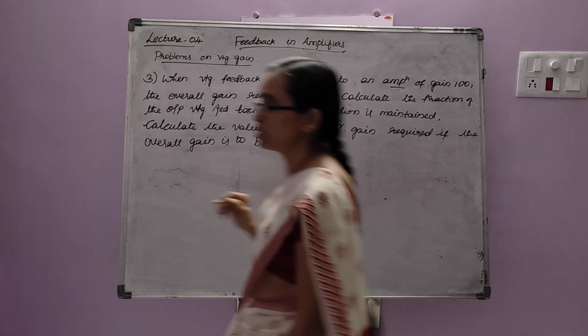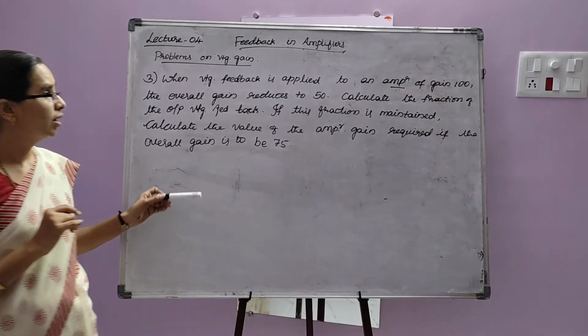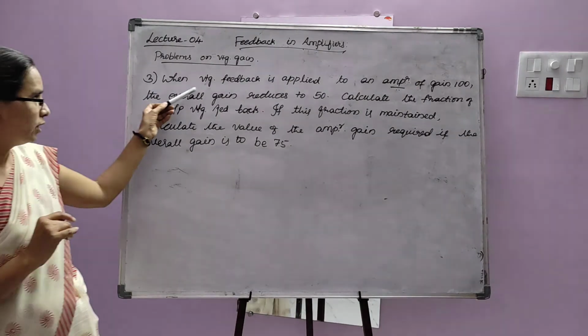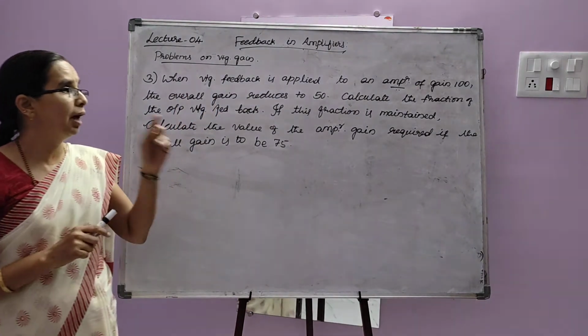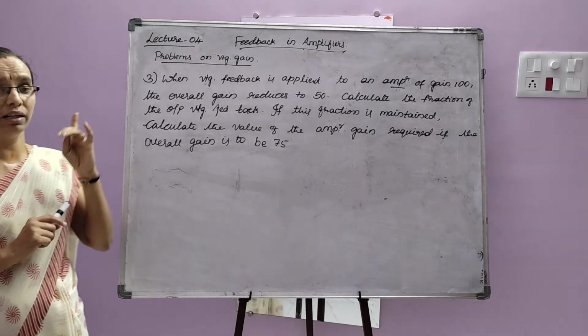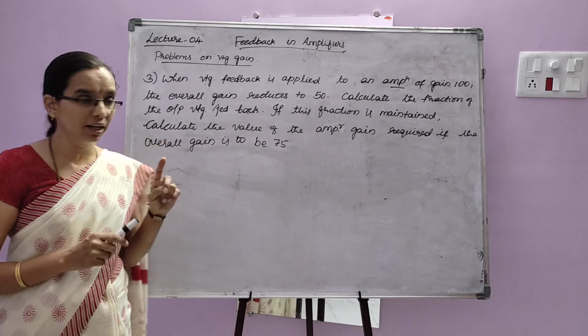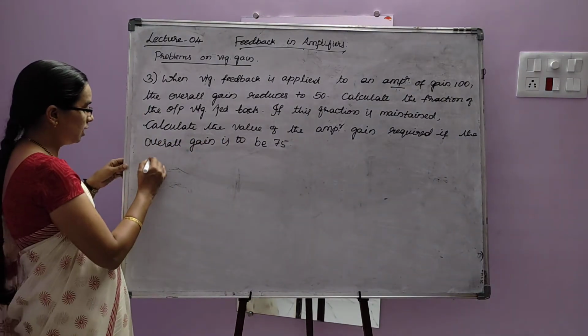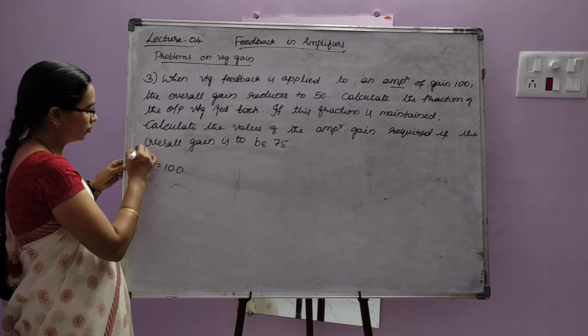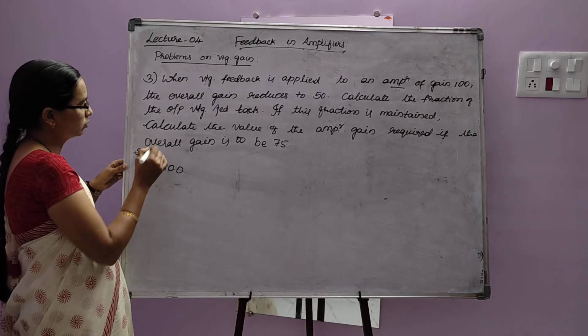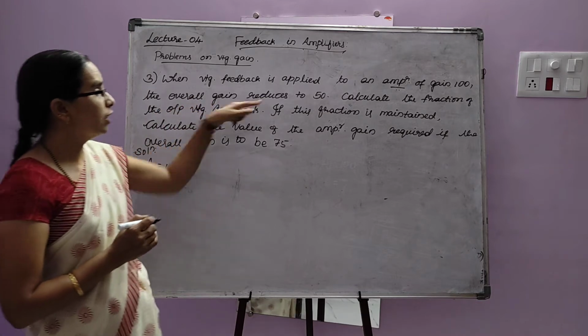So look at the next problem. When voltage feedback is applied to a basic amplifier having a gain of 100, that is A is equal to 100, the overall gain reduces to 50.